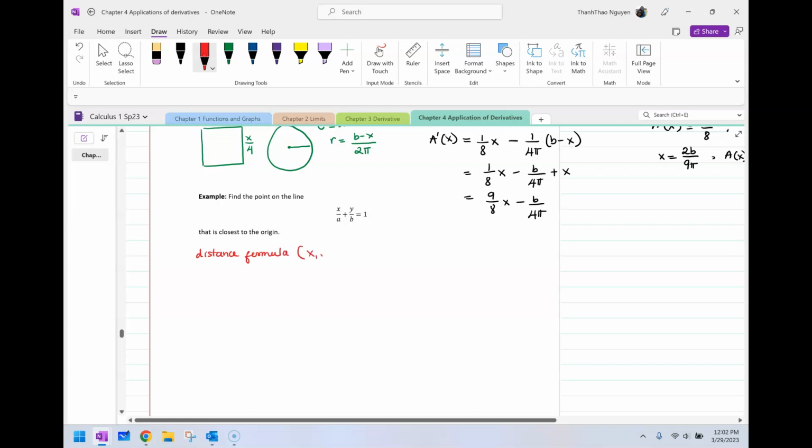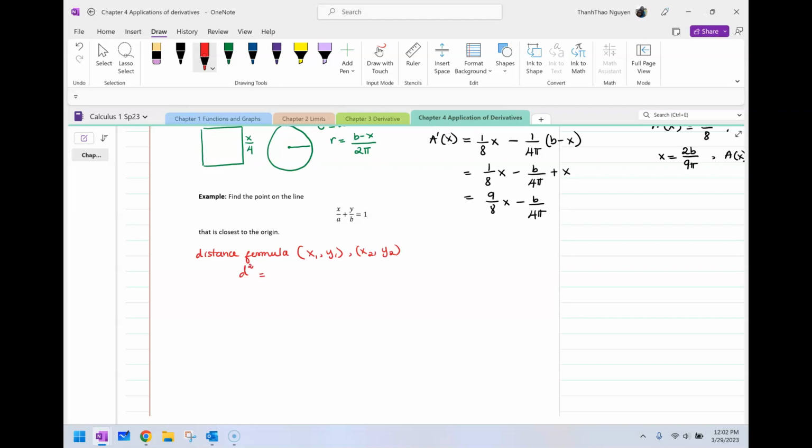For two points x1, y1 and x2, y2, the distance squared equals (y2 minus y1) squared plus (x2 minus x1) squared.